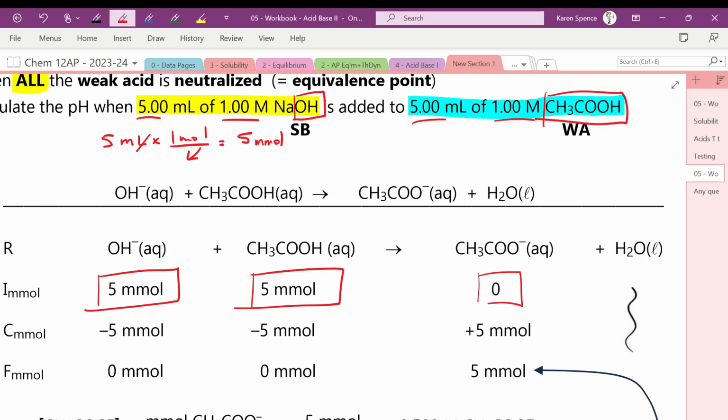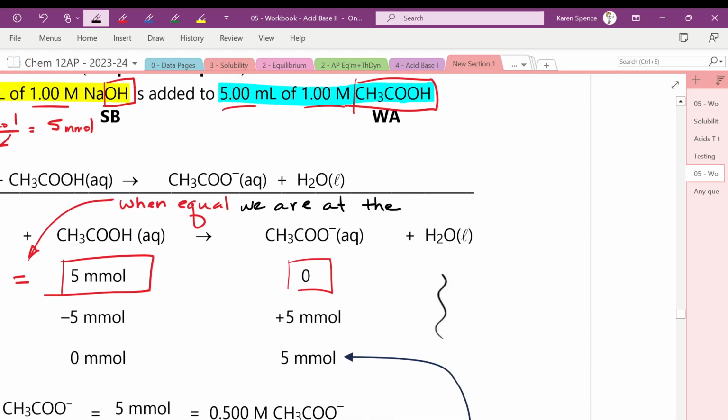So when we have neutralized all the acid and we don't have any excess base, we are at the equivalence point. When these two are equal, we are at the equivalence point.